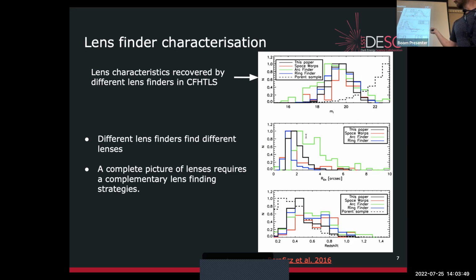These are histograms of different lens finders and what kind of population of lenses they found in CFHTLS. So expect each lens finder to find galaxies with strong lenses with different properties.